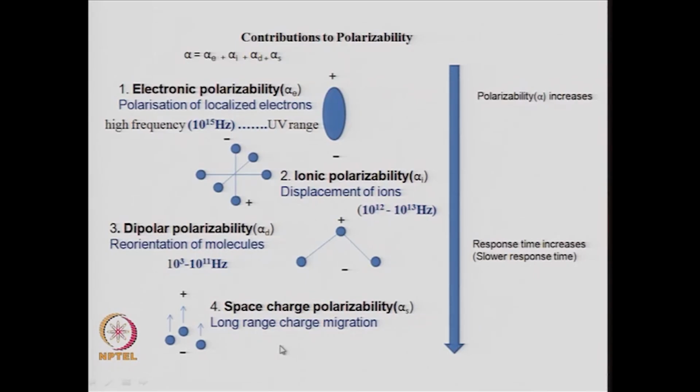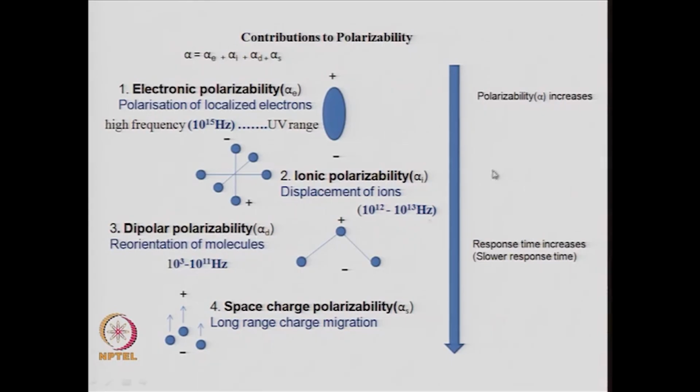So, the low frequency alpha will be very large, because it will have contributions from all these 4 polarizabilities, whereas a high frequency polarizability will have only contribution from alpha E, because alpha I, alpha D and alpha S will be 0 at that frequency. There will be hardly any change in the polarizability, because they cannot follow the high frequency at which the field is changing.